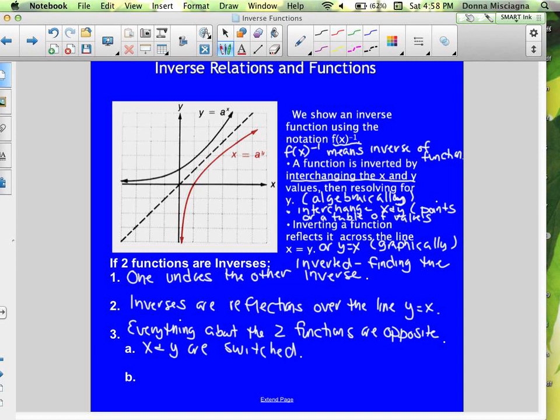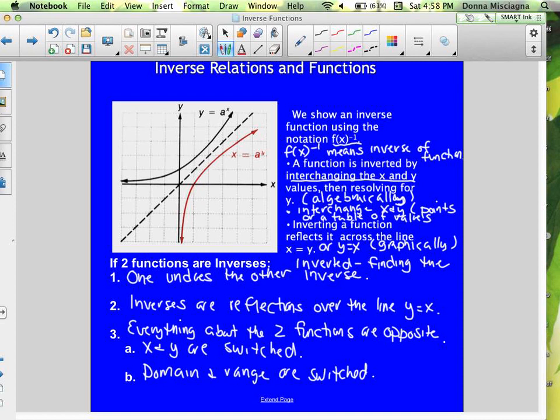And not only that, domain and range are switched. There are some other features that are switched as well, but we'll see those as we get to different functions. But this will be true for all of our inverses. Everything about them is going to be opposites. So if there are any other special features about a function and its inverse, they'll be opposite of one another.